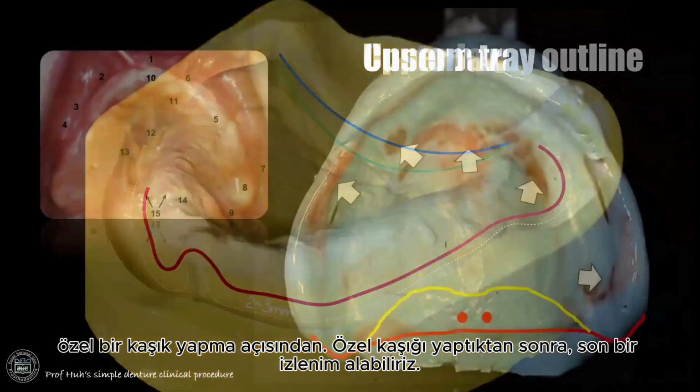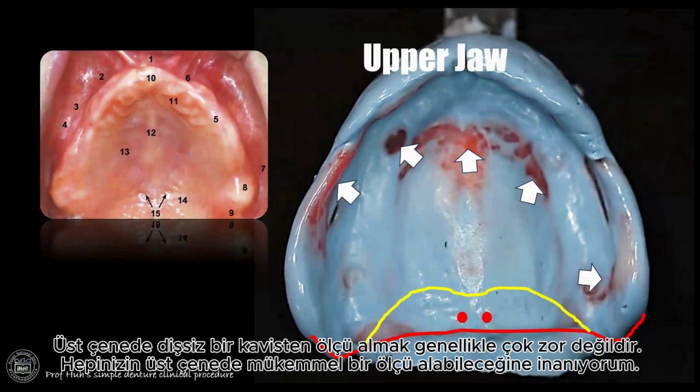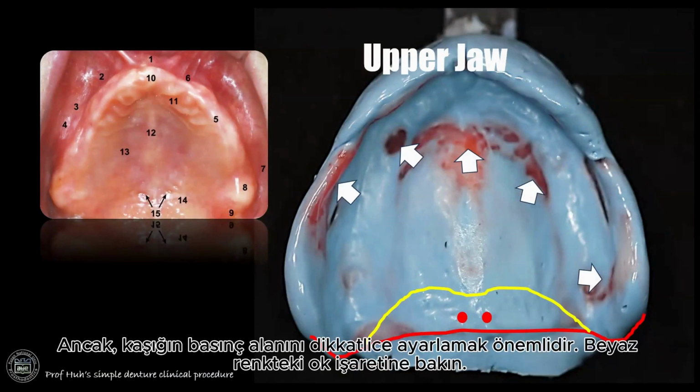After making the custom tray, we can take a final impression. Taking an impression of the maxillary edentulous arch is usually not very difficult, right? I believe you all can make a perfect impression in the maxilla. However, it is important to carefully adjust the pressure area of the tray.